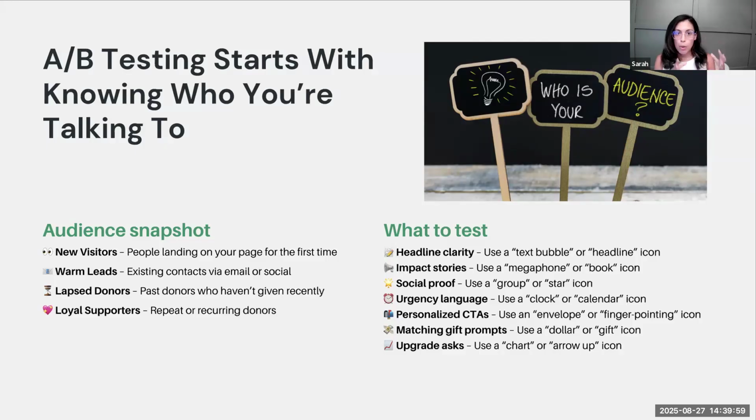You might find that emotional storytelling works better for new visitors that are new to finding your organization, while the stats and info page resonates more with your loyal donors, the recurring donors that want to see what their donation has impacted, those results. So through that, you're not just tossing one or the other. You're using those insights to really help you build smarter segments with your donors. So then you can tailor your messaging to meet your donors where they are in their journey.